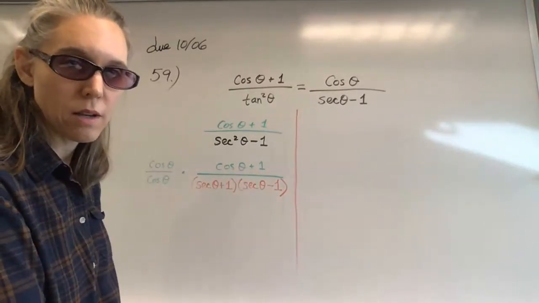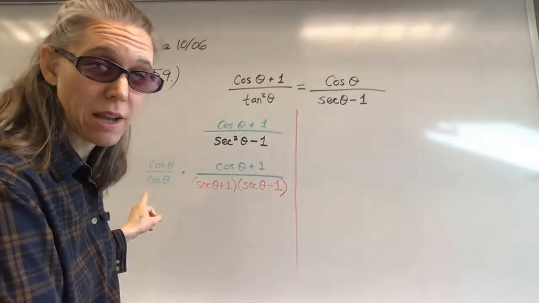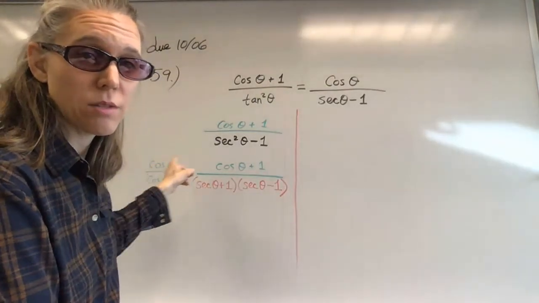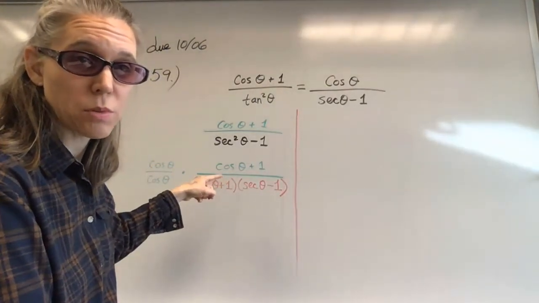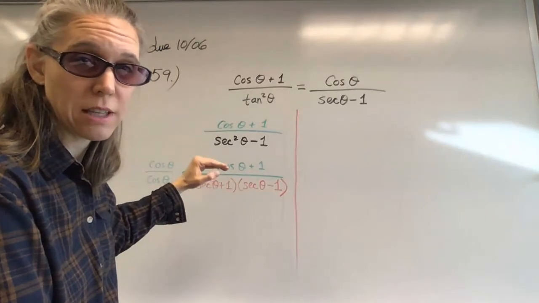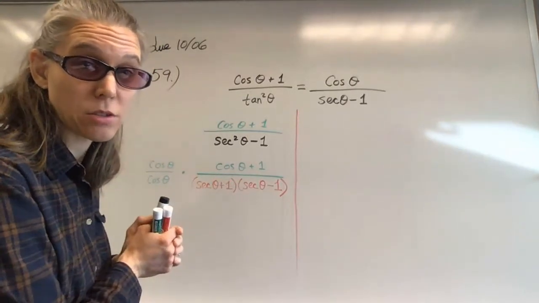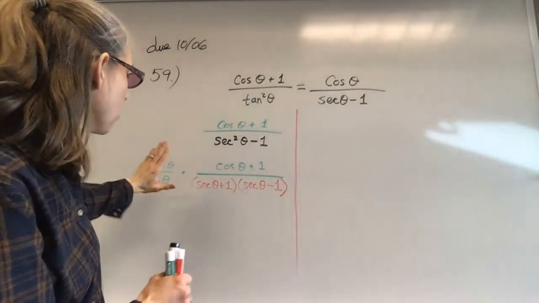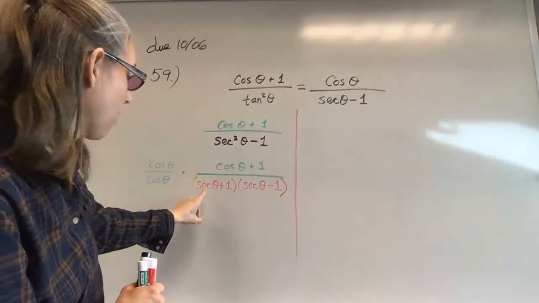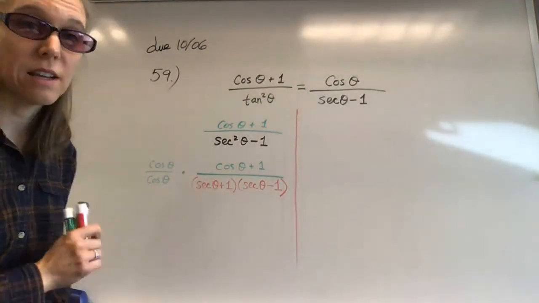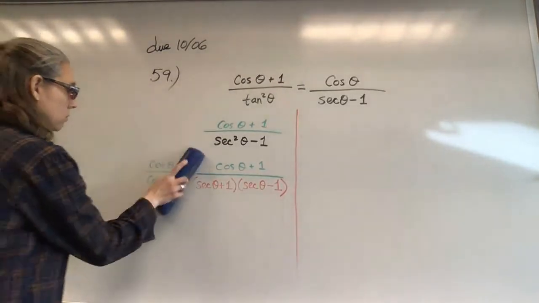If I could turn this into a 1 plus cosine, that 1 plus cosine could cancel with that cosine theta plus 1, which tells me this is the right track, except that I don't want to use the distributive property when I multiply the numerators. I actually want to keep them as separate factors so I can cancel. Now before I do this, I do need to have a line where I change secant into 1 over cosine.